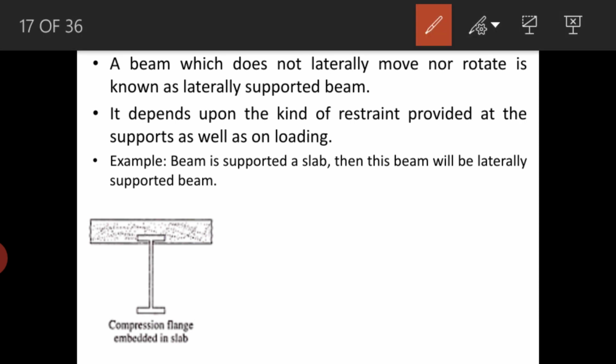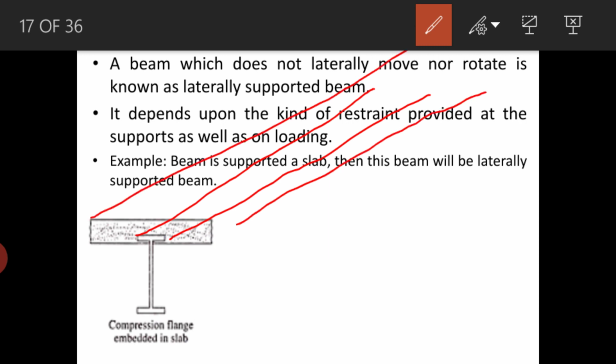if I draw here, it will go like this. So this I section is completely embedded in concrete. So throughout the length of the beam, the compression flange is being restrained.